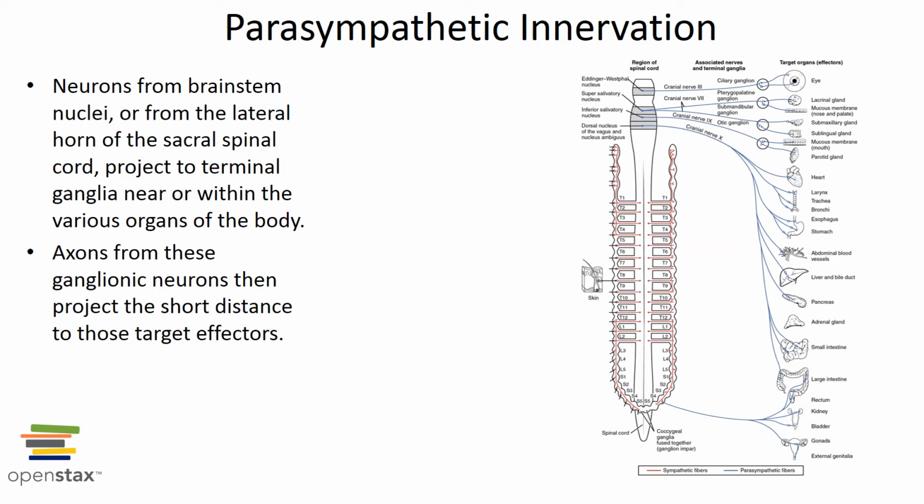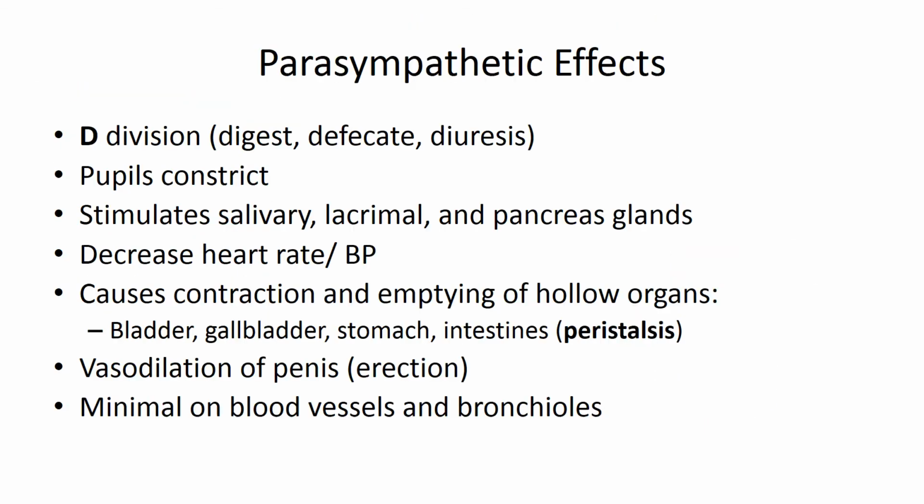Again, showing you the difference in the preganglionic and postganglionic fibers. And some of the effects that can be seen with the parasympathetic nervous system. The parasympathetic nervous system will have a one-at-a-time effect. You won't see a mass response in the body.